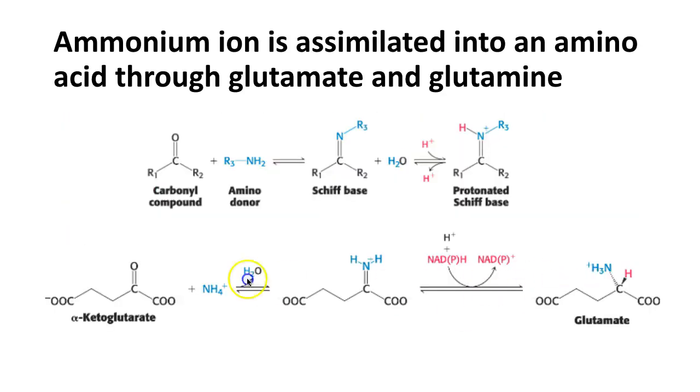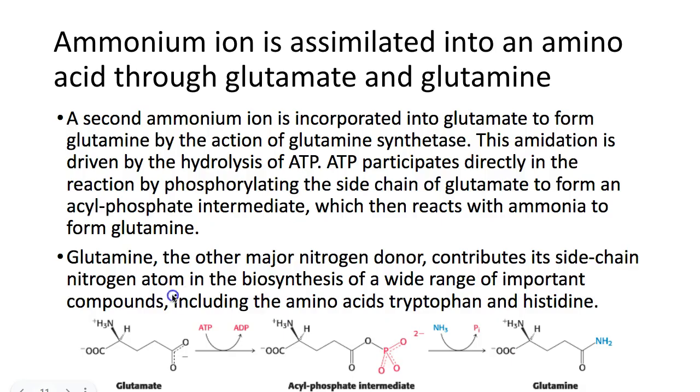And once again, as far as when you have glutamate and actually forming glutamine, this is glutamine synthetase. And what happens is you have that ATP hydrolysis, and you have the phosphoryl group that is attached to make this intermediate.